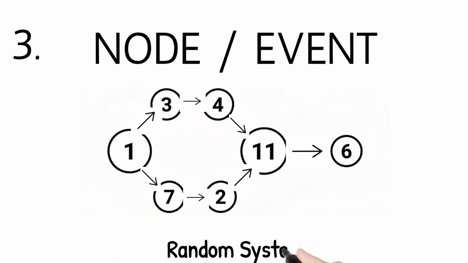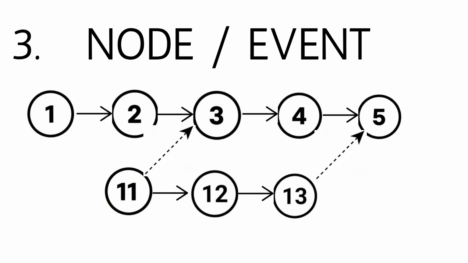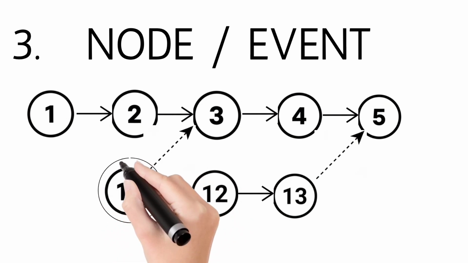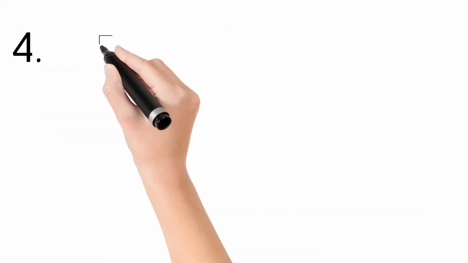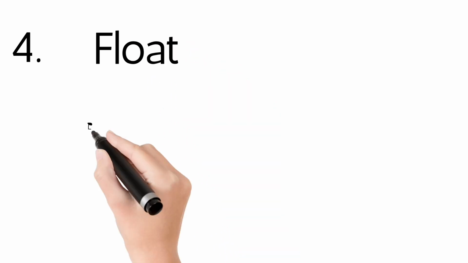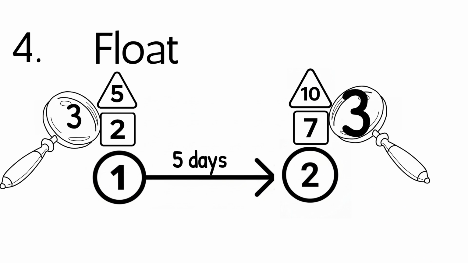That is, no pattern is followed, but no two events will have the same number. It can also be numbered topographically, which means that as we move from start to finish, our number increases. It can also be numbered sequentially, which means numbering based on choice, maybe because the team recognized that event by a number. 4. Float. This is the leeway or free time you have for an activity.